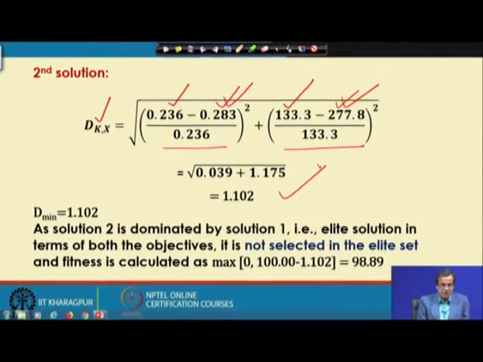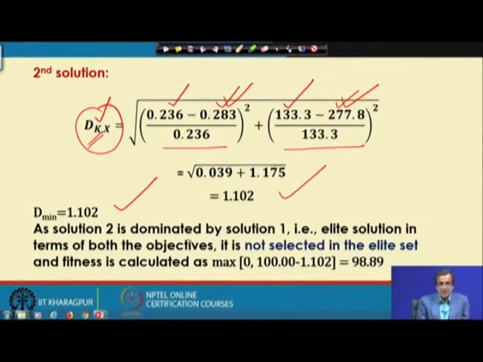Now, here I have got only one Euclidean distance value. The reason is that till now I have got only one non-dominated solution, that is k, and that is why there is only one Euclidean distance value. As there is only one, that is nothing but d minimum, and d minimum is 1.102.